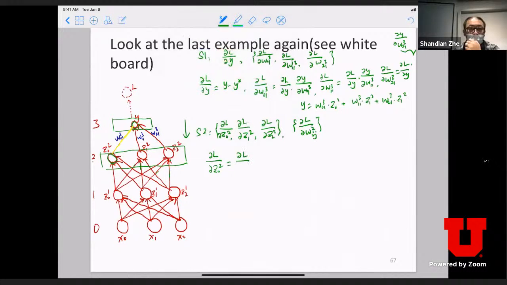Actually, you don't need to look at the path. You just look at how many connections from Z02 to Y. You only have one. So you get partial L over partial Y, then times partial Y over partial Z02. That's it. And similarly, how do you compute partial L over partial Z12?